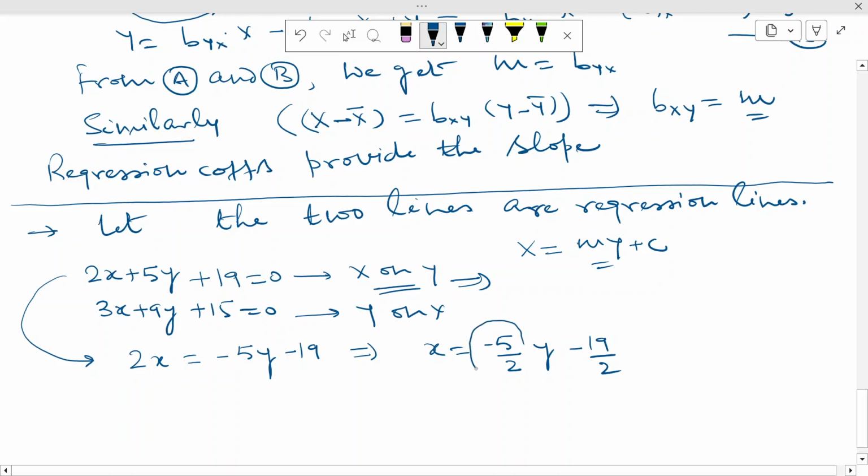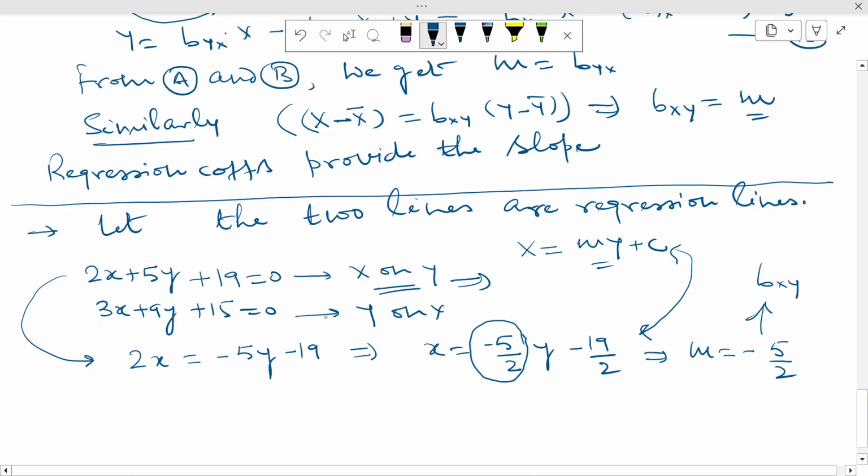So this gives you the slope of this line on comparing these two equations, and we obtain the value of m as minus 5 by 2. Now we have considered that this line is x on y, so this will be the value of your bxy.